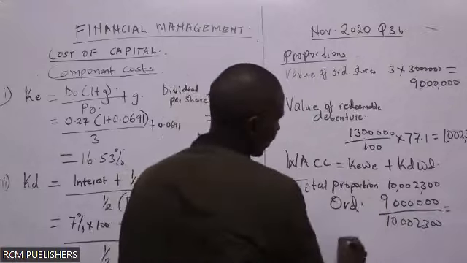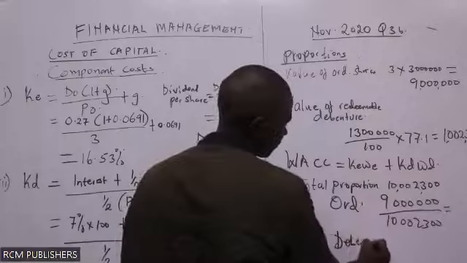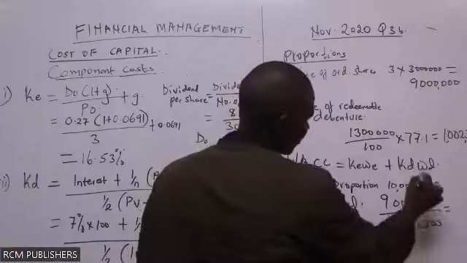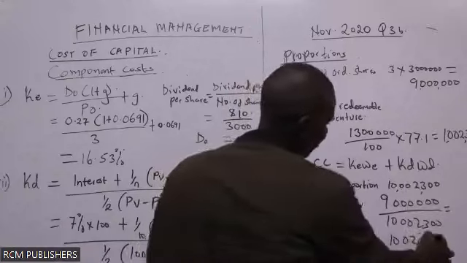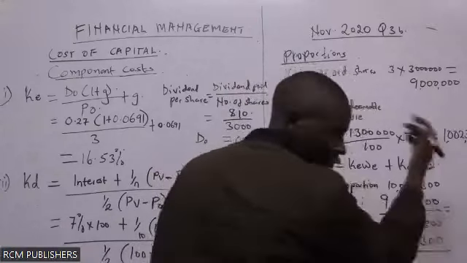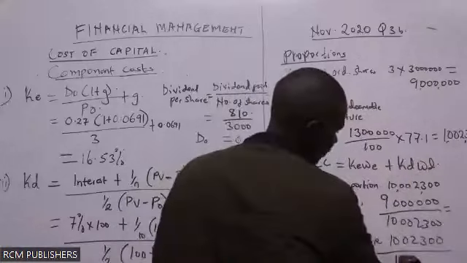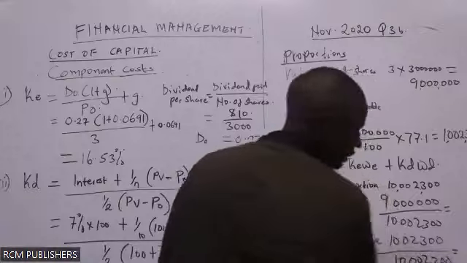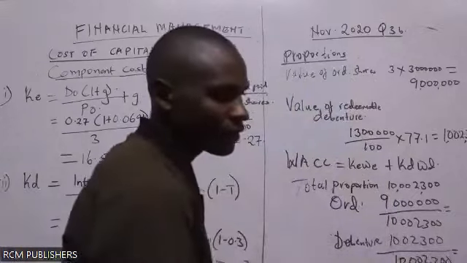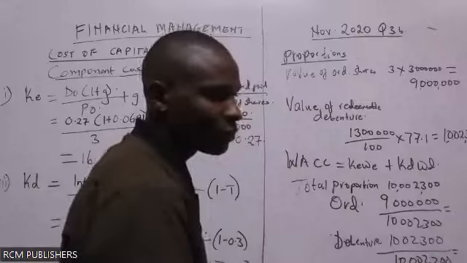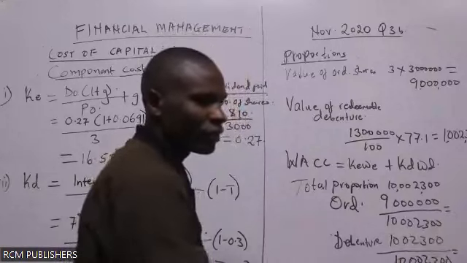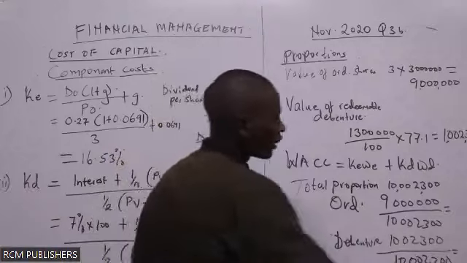And then for the debenture, you just take 0,233,200 divided by the whole amount. Now get those two, to 1 decimal place. Yeah, 0.9.